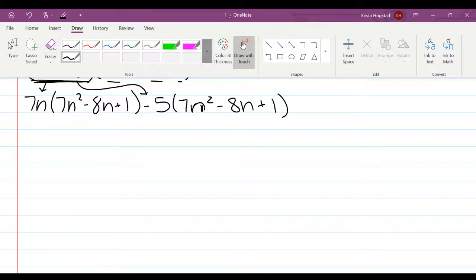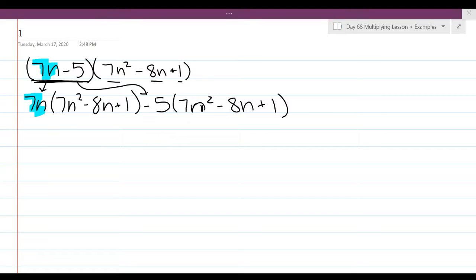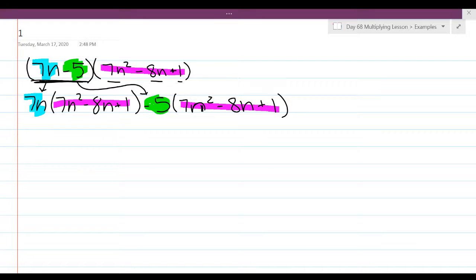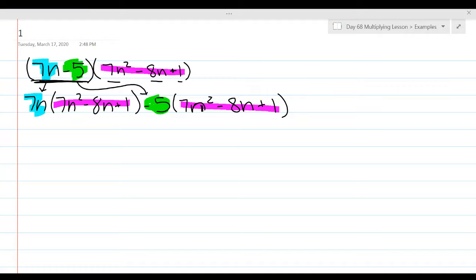I'm going to highlight it a little bit so you guys can see a little better. So that went there. And the negative 5 went there. And then this polynomial, you have to repeat it twice. You have to rewrite it twice because, like I said, we're distributing. And if I had to draw the arrows that we do with distributing, what you gotta do is you gotta distribute by everything inside.